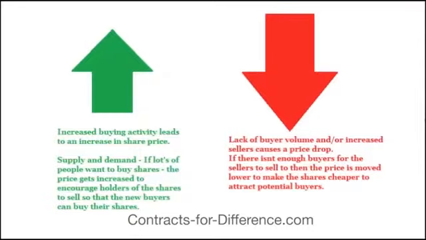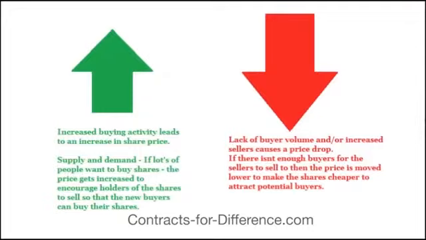There is a bit of a misconception that when a share drops on the day, there were more sellers than buyers, but that's not necessarily true. It's just lack of buyers. People stop buying. Because you can always sell shares.